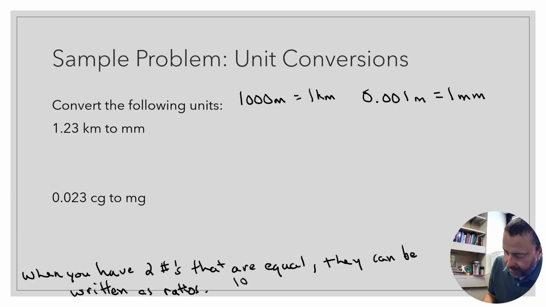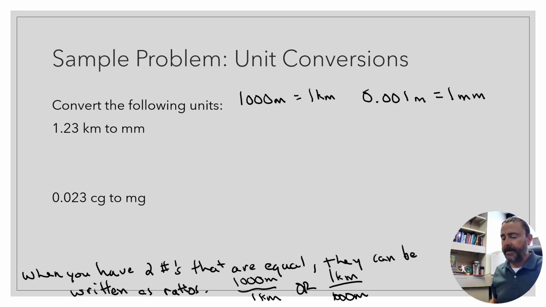What I mean by that is I could write this as 1,000 meters per 1 kilometer, or 1 kilometer per 1,000 meters. We're going to see why that's useful here.